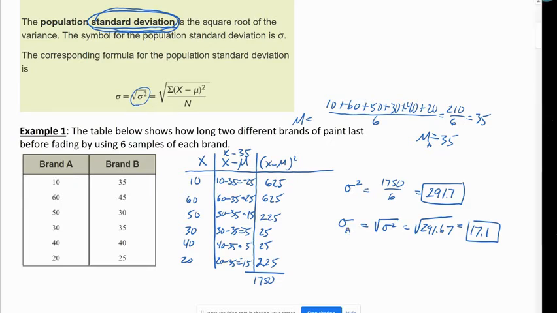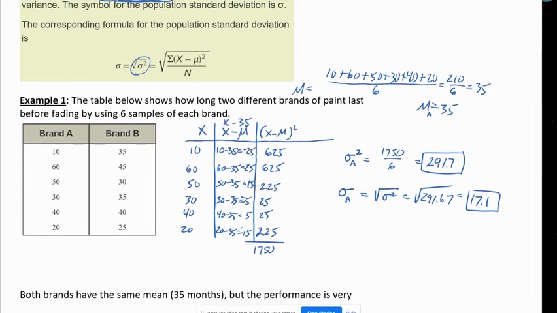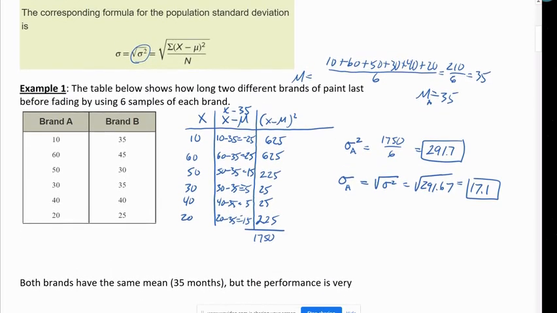So I'm going to put a little subscript A. So we have our variance for A, our standard deviation for A. And now I'll show you how to do brand B. So the text here that I moved down says both brands have the same mean. So they both have the same mean, but if you look at the data, they're very different data items.